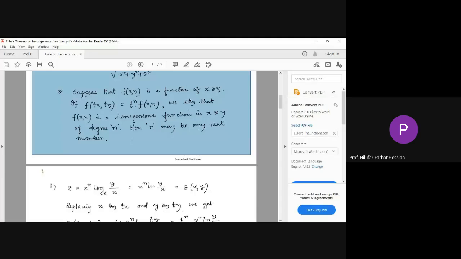Yes, this is the definition of a homogeneous function. Suppose that f of x, y is a function of x and y.